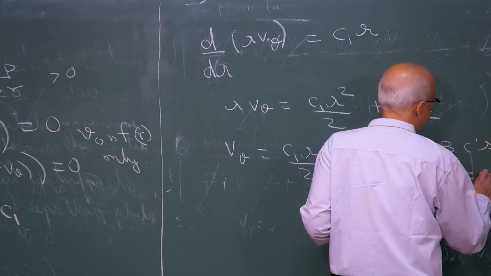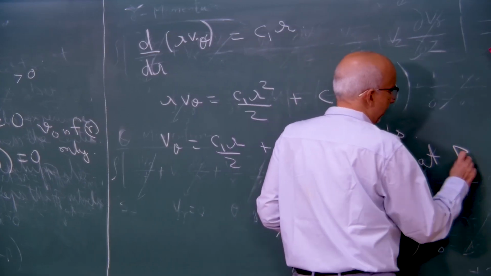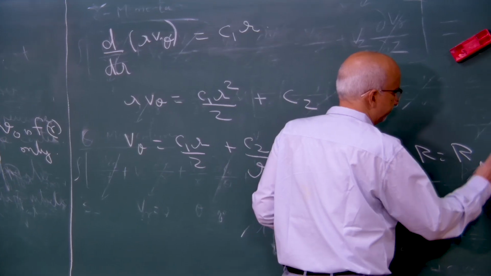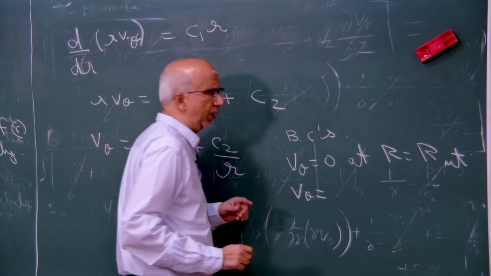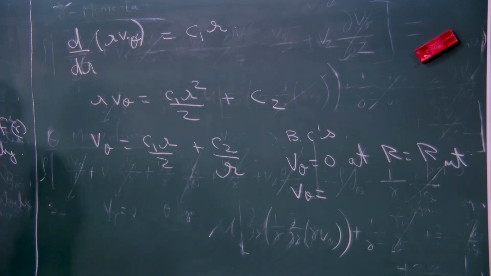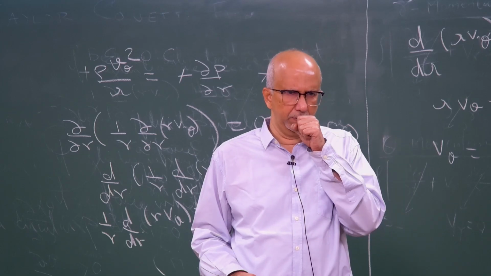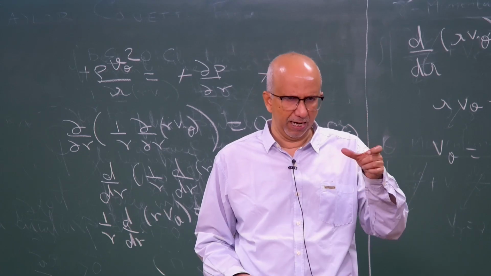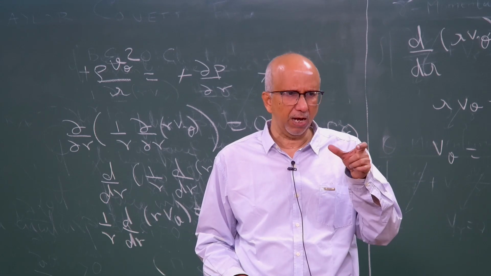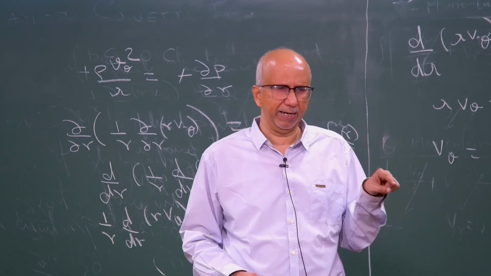V theta equal to 0 at r equals r out, and v theta equals, if omega is the angular speed in radians per second, I will have to get it in terms of centimeters per second, so I have to multiply it by r in, at r equal to r in.